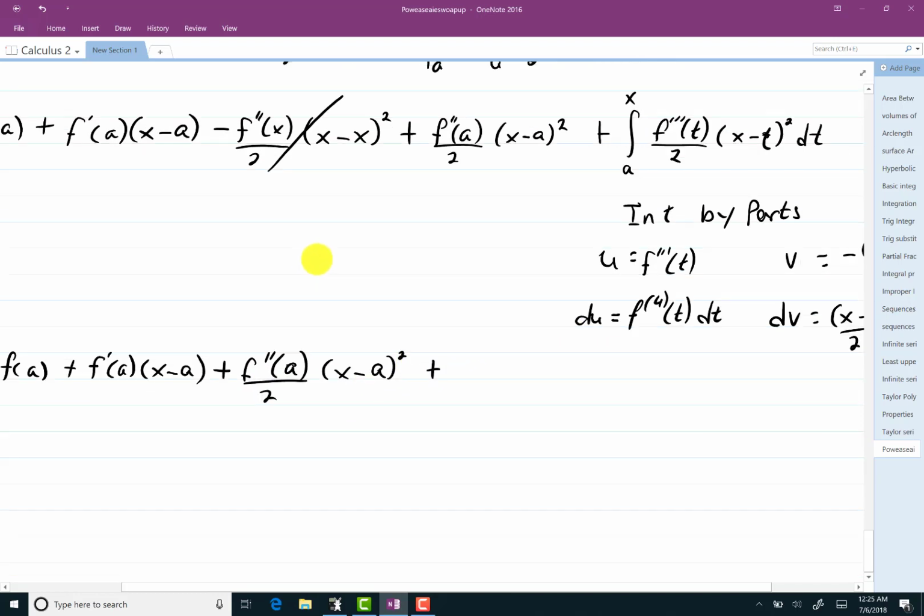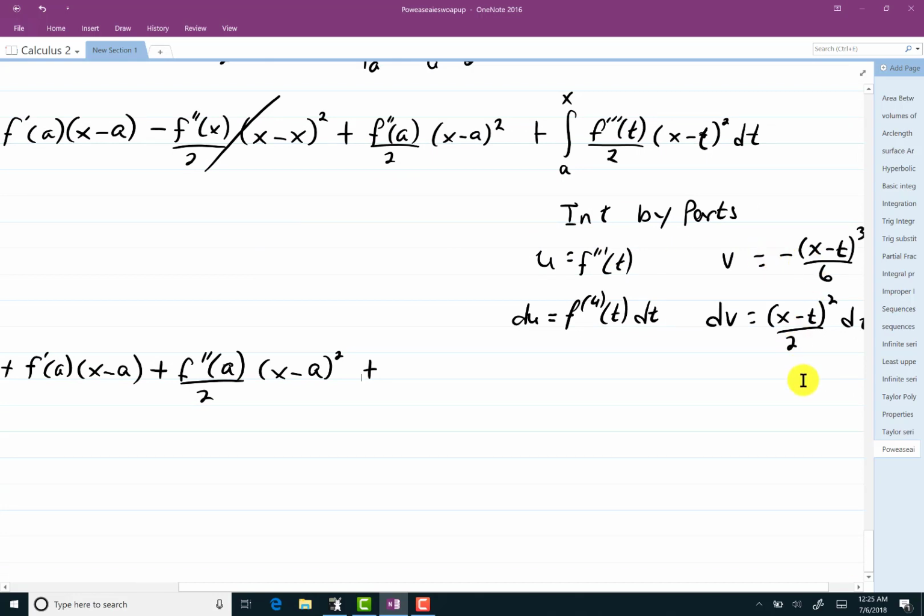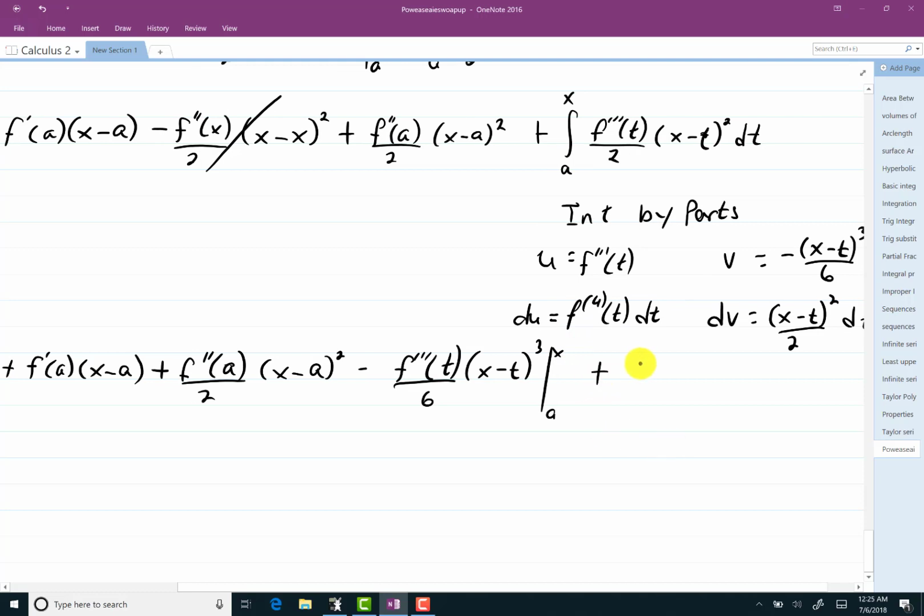So now let's put my uv together again, so I'll get minus f triple prime of t times x minus t to the third over 6 from a to x, and once again plus, I don't know where to put that 6, but the integral from a to x, f to the fourth of t all over 6 times x minus t cubed dt.